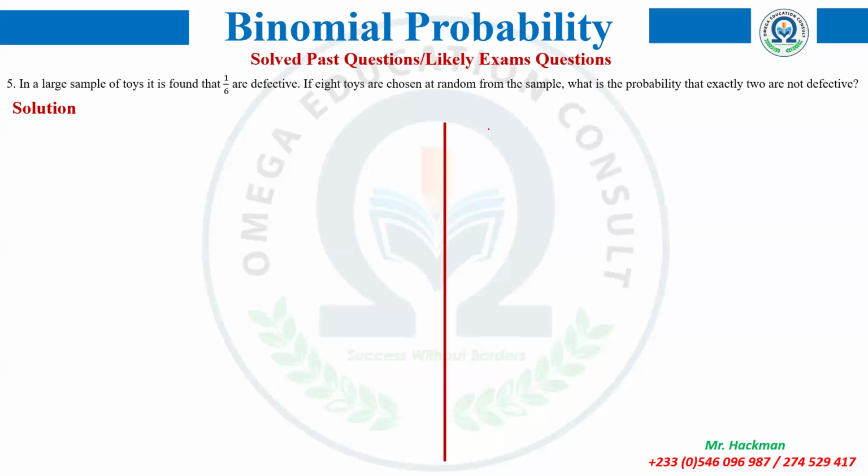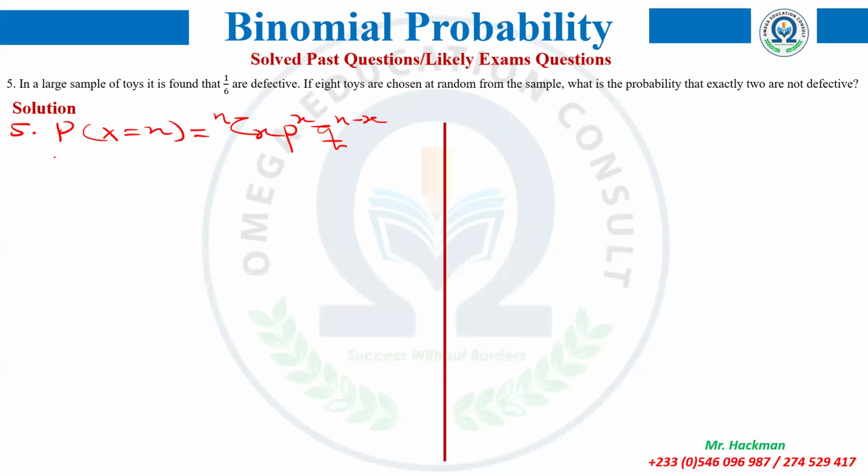Per experience we know that this satisfies the binomial probability distribution. Therefore, we know what to do. We quote the function P(x) is equal to N combination x, then p to the power x, small q to the power n minus x.